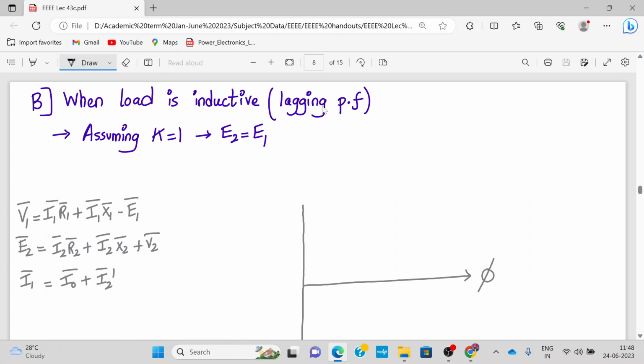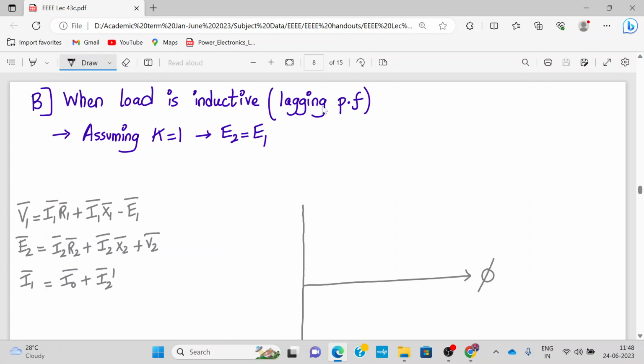So you have to follow the same procedure, okay, as we have followed for the resistive load. Only one difference is there. And what is the difference? The difference is that for an inductive load, the current lags behind the voltage. Okay, what I'm talking about is this.